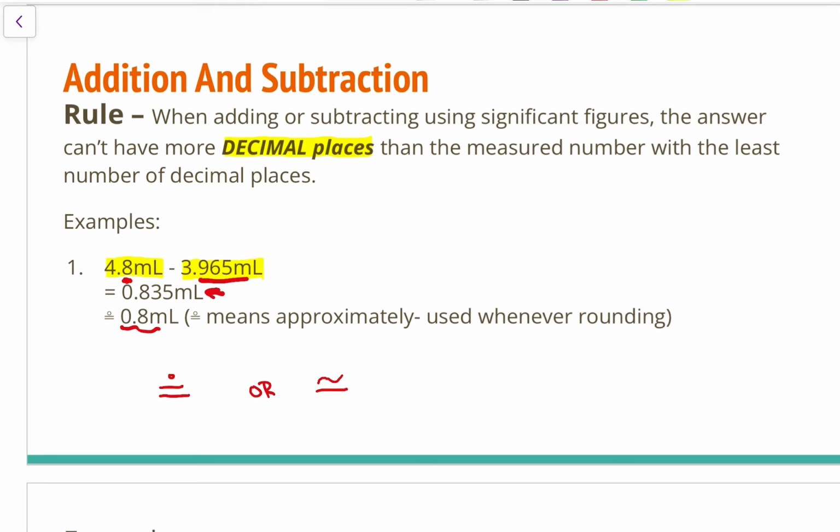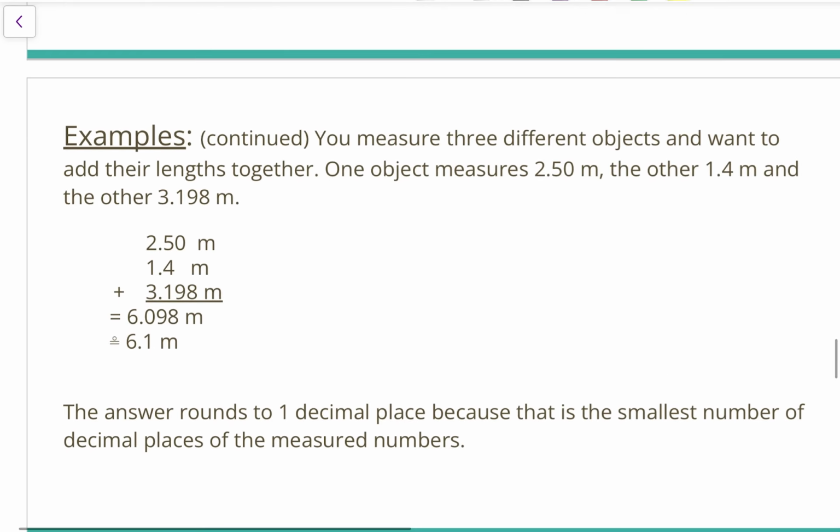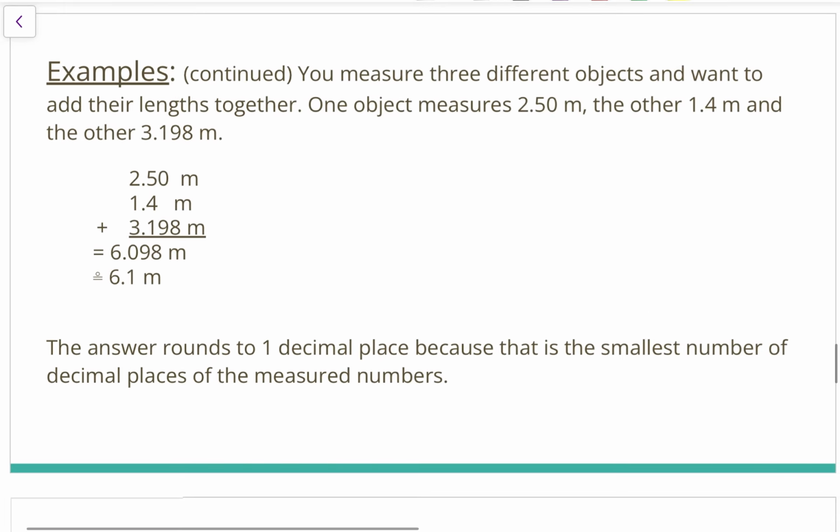But our digit rules, when adding or subtracting, we have to round to the fewest number of decimal places. This one's already typed up so you can kind of read along. Let's say we needed to add 3 numbers, 2.50, 1.4, and 3.198. When you do the math on that, the calculator is going to spit out this number, 6.098.